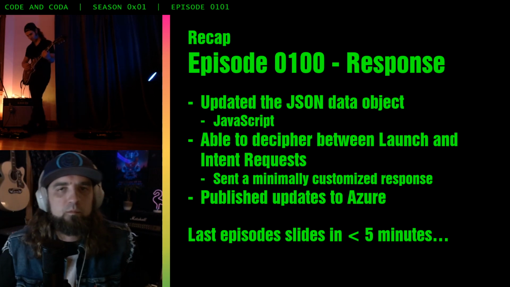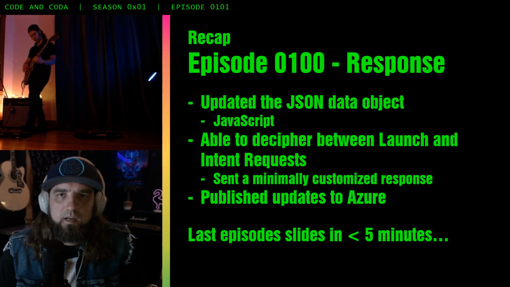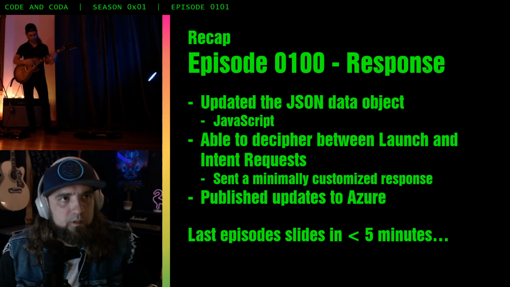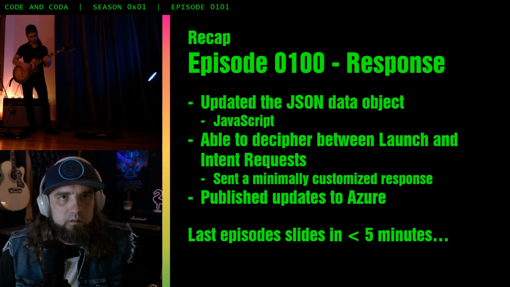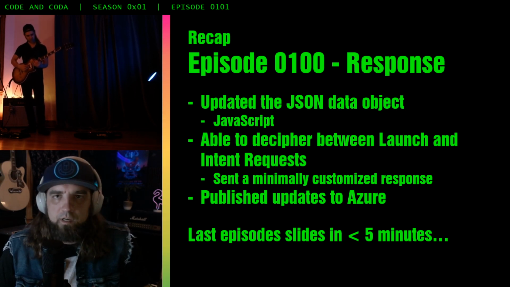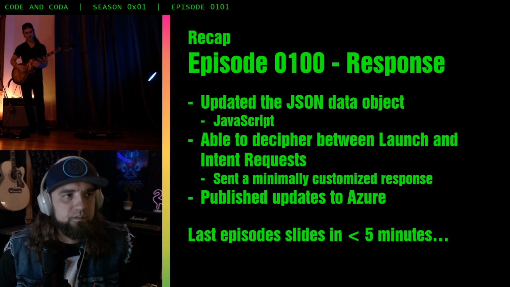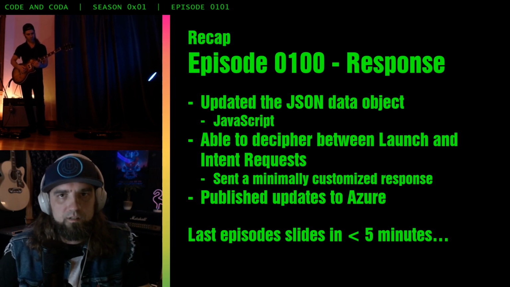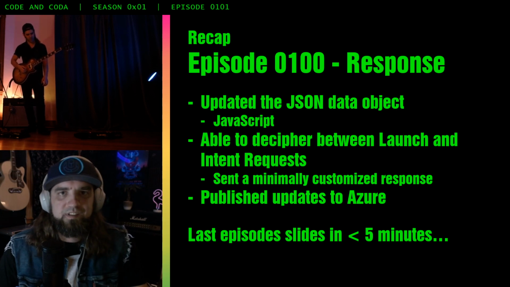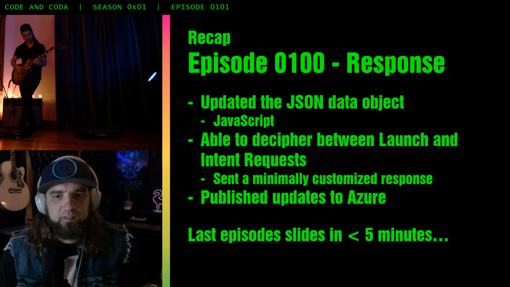Alright, so recap from last week, we did update our JSON data object with some new fields. Remember, we have the API URL and the device ID and some other pieces of information that Alexa is sending us in the request. And we're able to decipher the type of request that's sent to us.